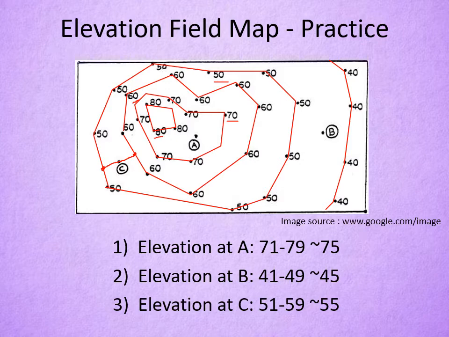For example, we divide 50 to 60 into 10 finer divisions, and observe at which division the C point lies. We count 1, 2, 3, 4, 5. So C point lies after 5 intervals from the 50 meter contour. So the altitude of the C point will be 55 meters.